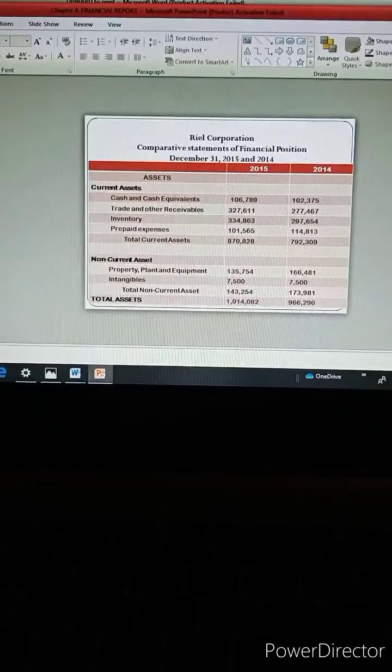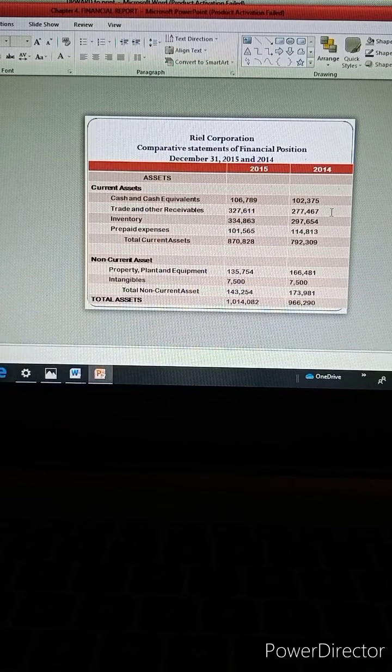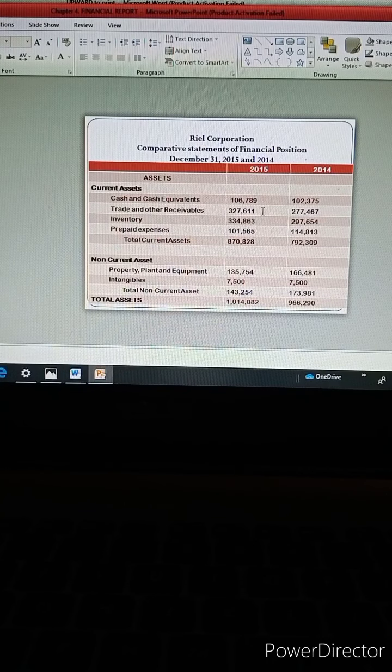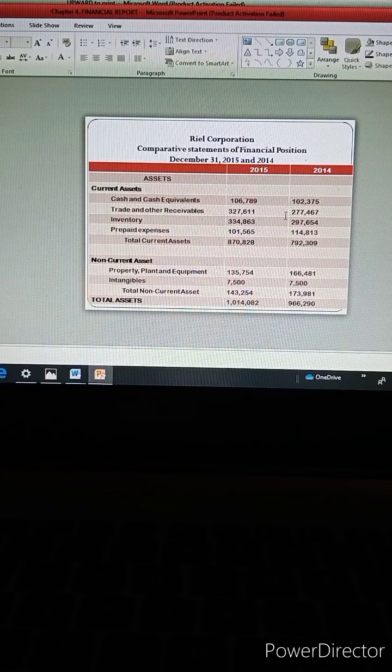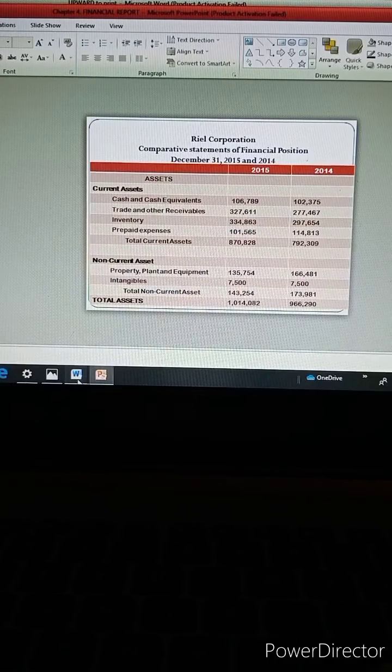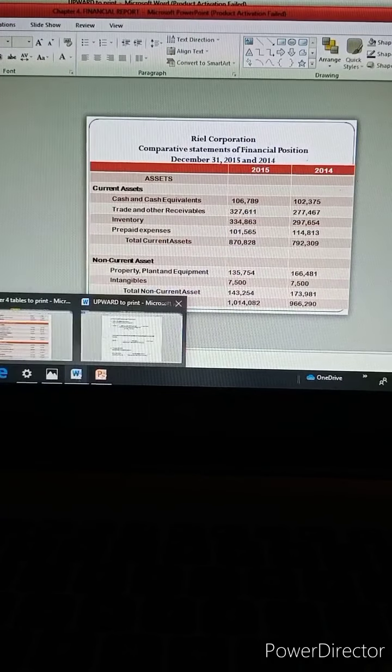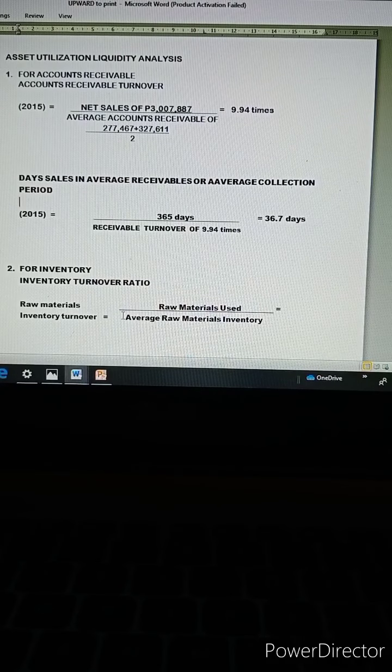And then for the average accounts receivable, we have here the 277,000, that is from 2014, and the 327,611 in 2015, because we are talking about the average accounts receivable. So the 2 years, the previous and the current year, are involved here. So as to the result, it is 9.94 times.